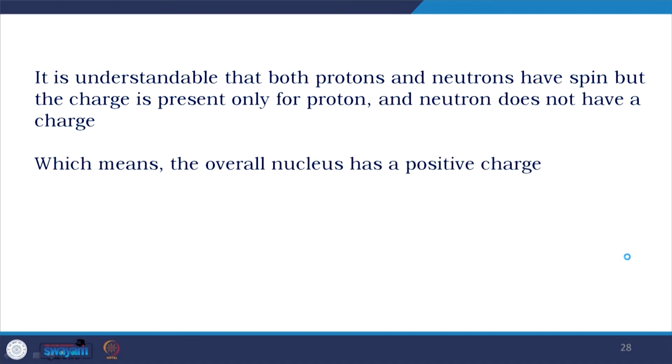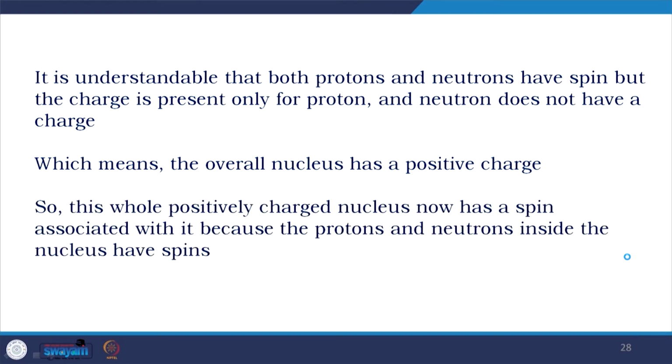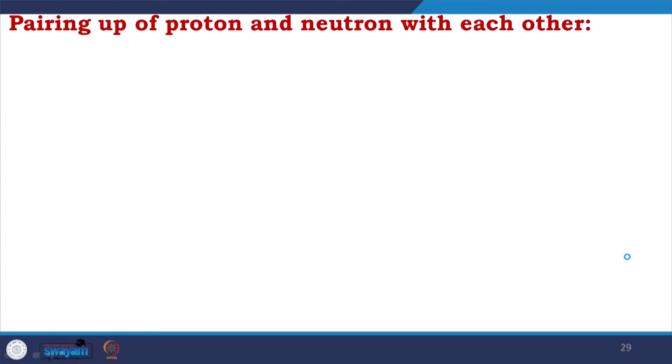It is clear for us now. So, this whole positively charged nucleus has a spin associated with it, because the protons and neutrons inside the nucleus have spins.